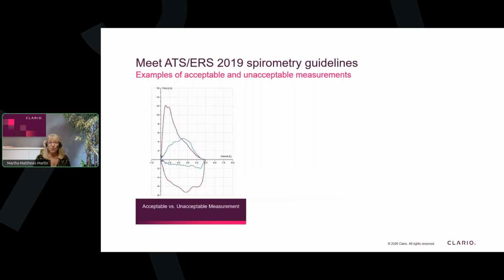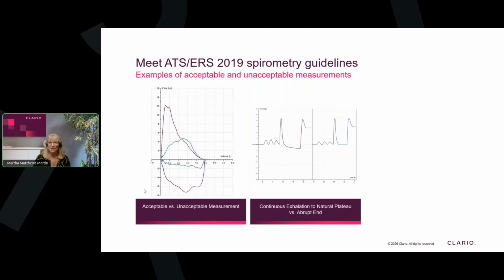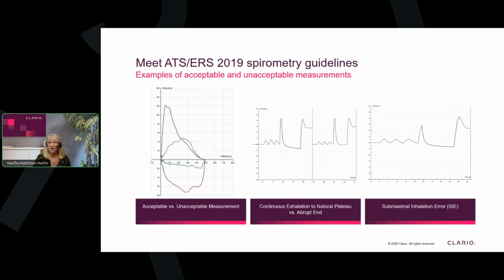Now, I don't want to belabor this. You can continue to move forward with the different graphics. Obviously, we've looked at a lot of graphics, and one of the things that we also want to make sure that our site staff are very well versed in after going through a maneuver, being able to quickly look and identify the information that the graphics and the data are telling them so that they can then adjust the coaching method that they're using with the participants so that they can get that maneuver perfected for subsequent times.